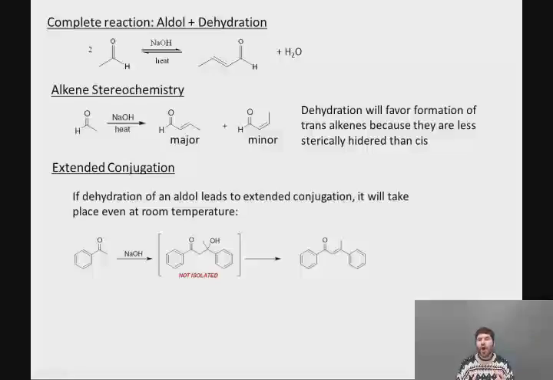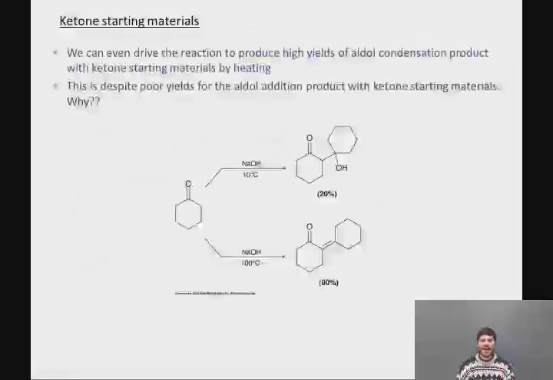The 3 carbon atoms on the chain linking the 2 aromatic rings are all sp2 hybridized and can all contribute to the conjugated pi system. Okay, so as a result, this is a very, very, very favorable reaction.